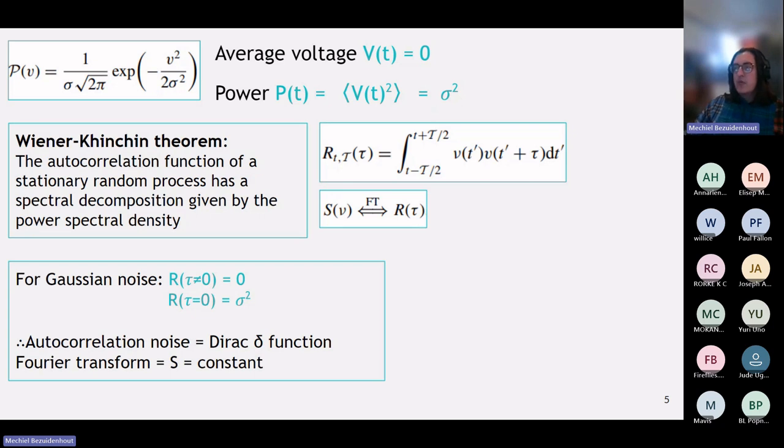And that's also equal to the square of the standard deviation of that Gaussian function.